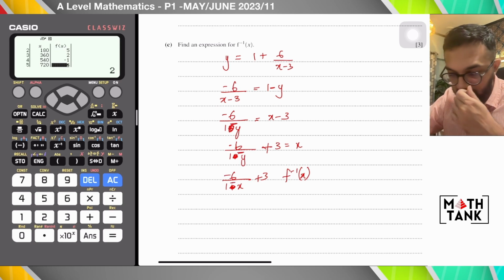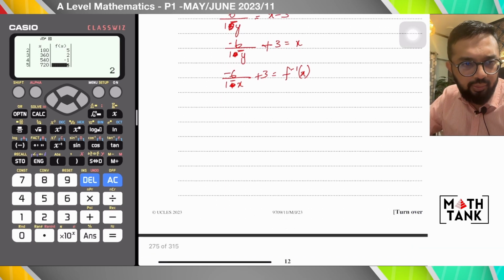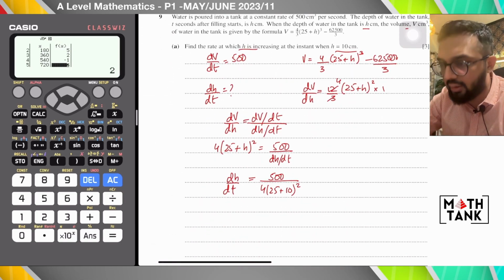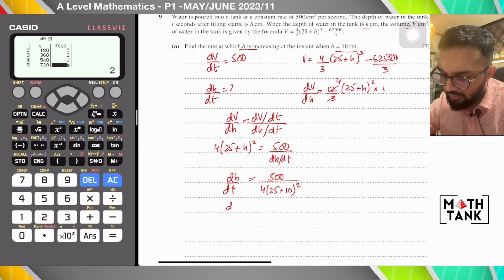Okay, so my bad, I got that wrong. I didn't check before. Okay, let's check if we've gotten this right. Just doing my calculations again. 0.102. Yeah, that is correct. cm per second.